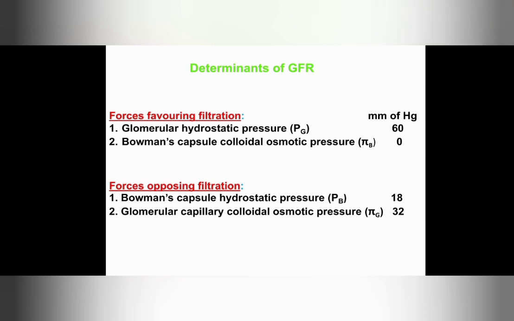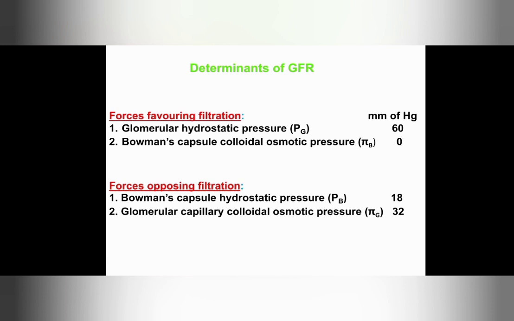Now Bowman's capsule colloidal osmotic pressure. If the fluid present in the Bowman's capsule has some colloid substances, that forms a pressure. Listen carefully: the colloidal osmotic pressure is the pressure formed because of the presence of colloids.